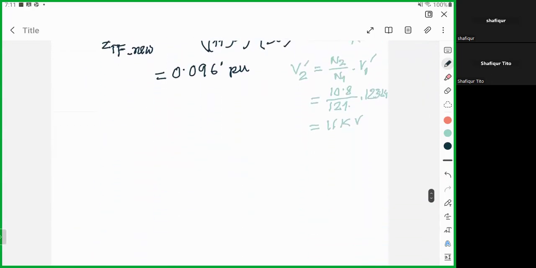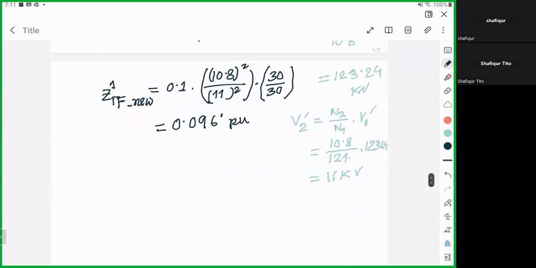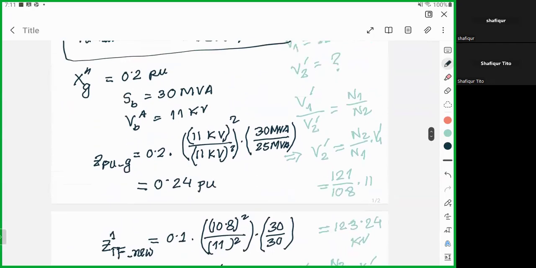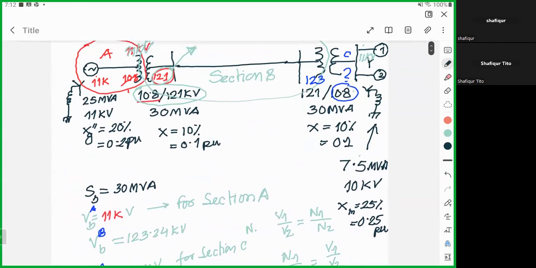Now for the transmission line, we don't need to transform. This one has been given as 100 ohm reactance. So we need to calculate the per unit for this.